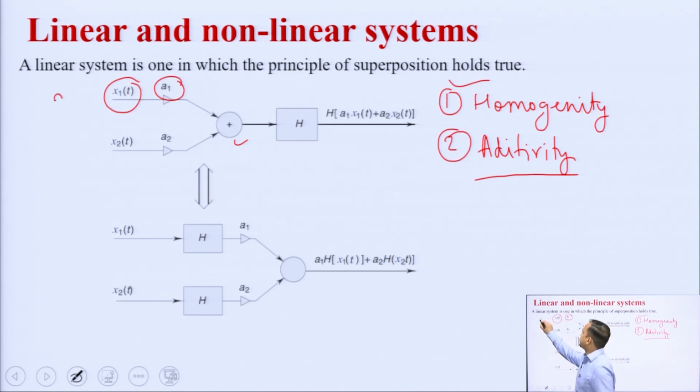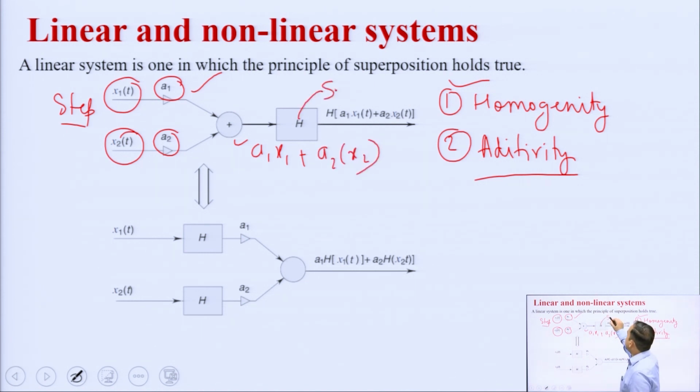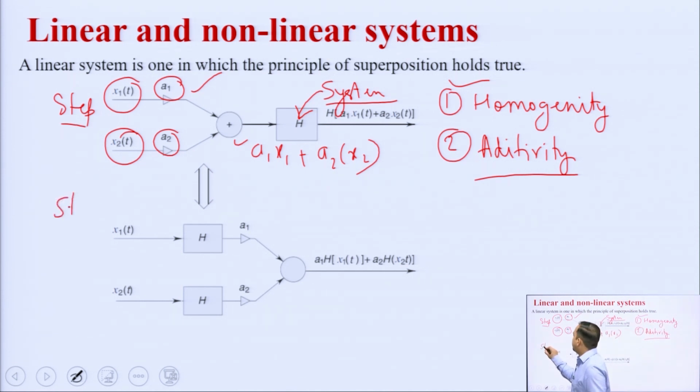First step: if x1(t) is a signal multiplied by some constant a1, and we have some x2 signal which is again multiplied by constant a2, then after adding we get a signal which is a1 times x1 plus a2 times x2, and after that we apply the system onto this signal. This is step 1. Now, step 2.